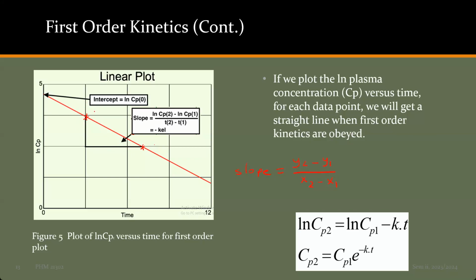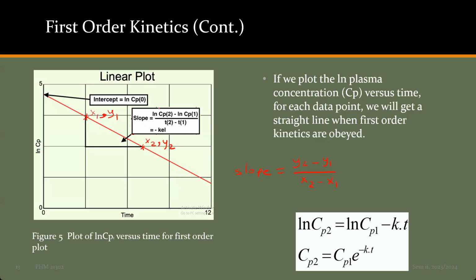So this one we can say x1 and y1, and the second point is x2 and y2. Instead of writing x1, y1, x2, y2, it is time 1, concentration CP1, and time 2, concentration CP2.